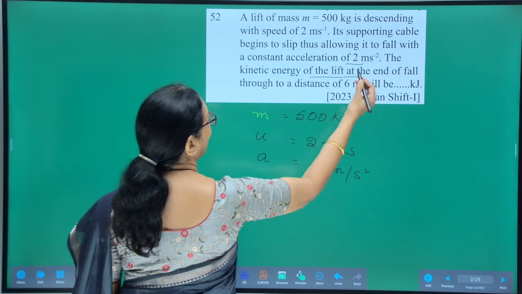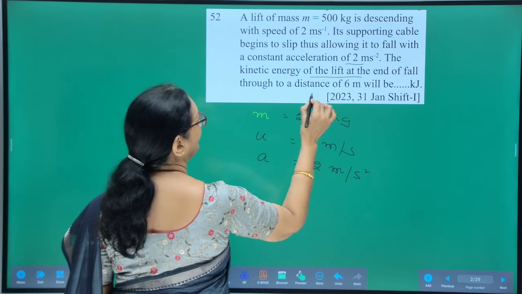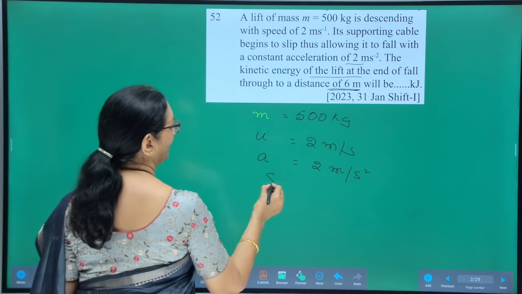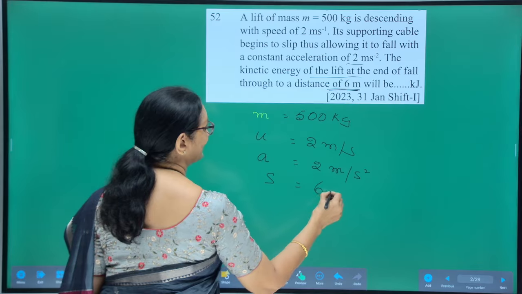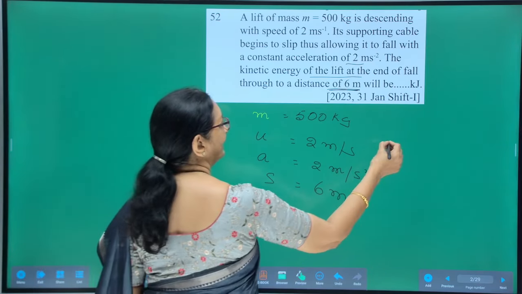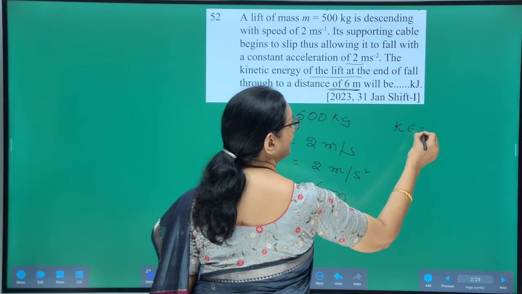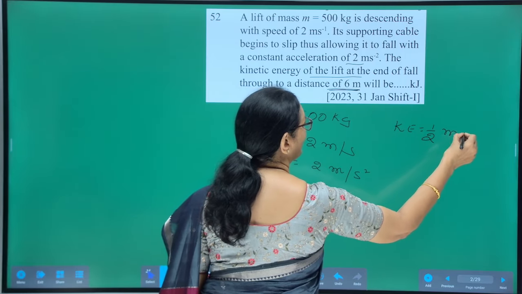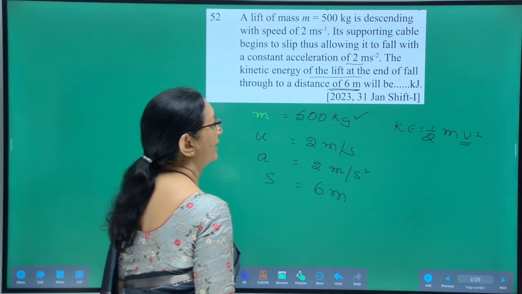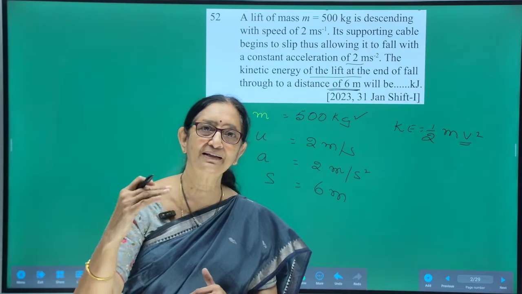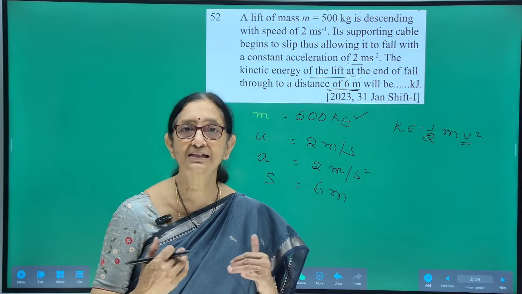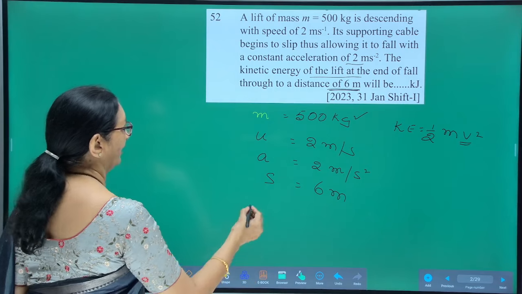Find the kinetic energy of the lift at the end of a fall through a distance of 6 meters. Kinetic energy is half mv square. Here mass is given, but the velocity at the end of 6 meters is not given straight away, so you need to find the velocity.